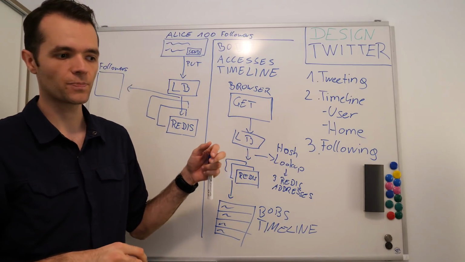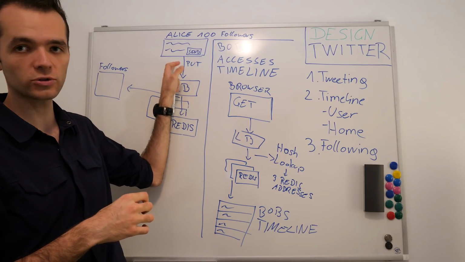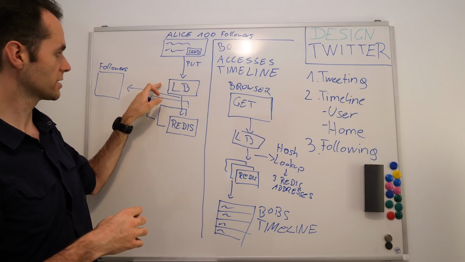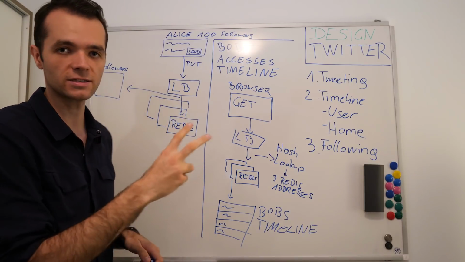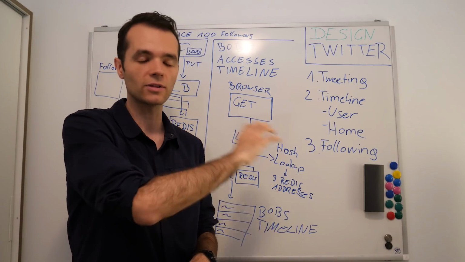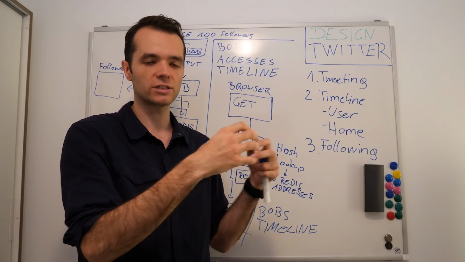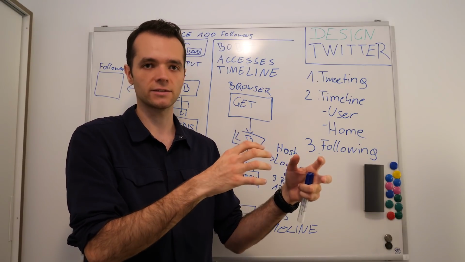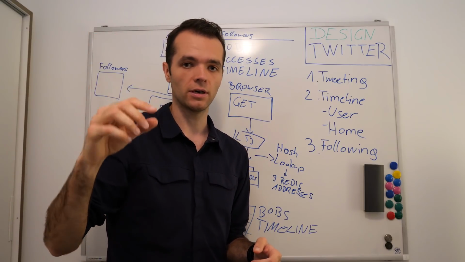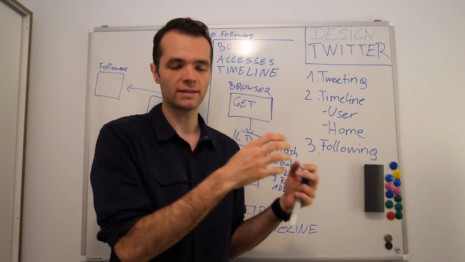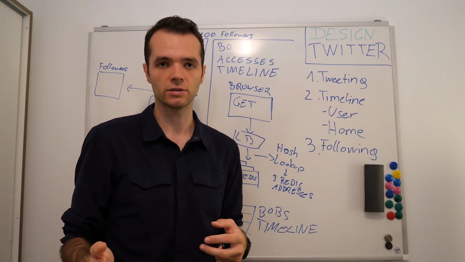So with search, as soon as Alice puts her tweet into this load balancer, it triggers the fan out, what they call it, but it also triggers a second totally independent architecture which stores this tweet and indexes this tweet, so that when you search for a tweet in the search bar at the top, you can find that tweet as fast as possible.